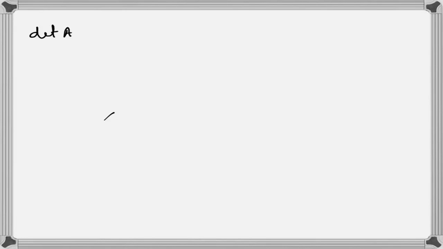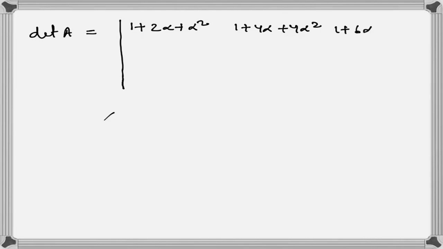Determinant A is equal to: 1 plus 2 alpha plus alpha square, 1 plus 4 alpha plus 4 alpha square, 1 plus 6 alpha plus 9 alpha square.